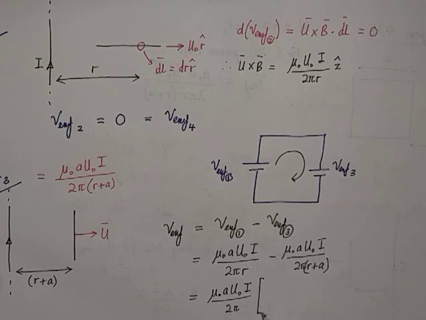So this one should be 1 over R minus 1 over (R plus A).